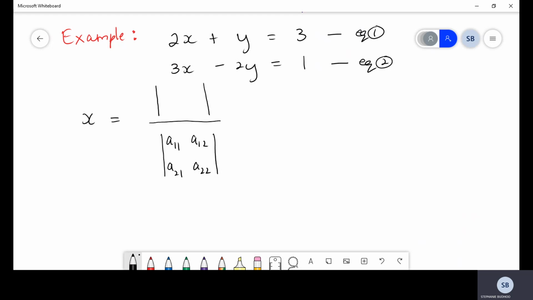And on the top, we're going to have b1, b2, and a12 and a22. Now, I know a lot of you are worried because you're wondering, how are you going to remember this? Well, this is a little trick I want to show you.